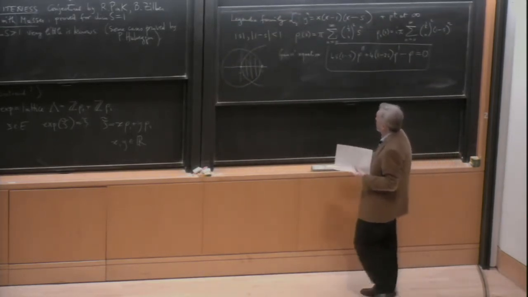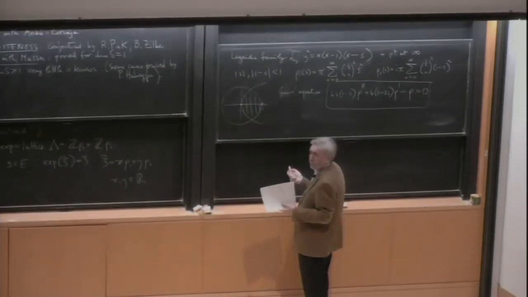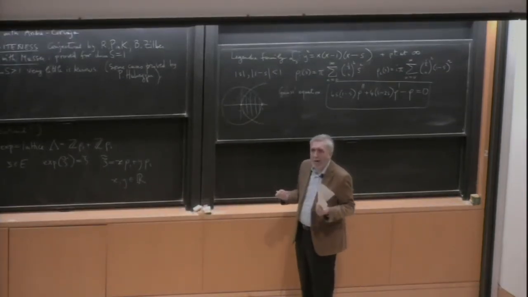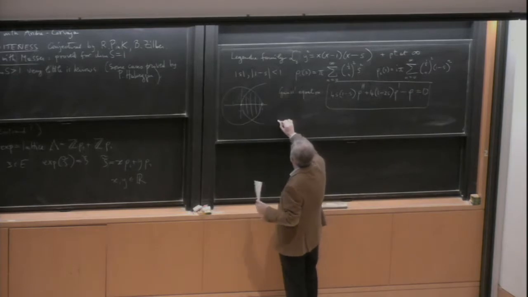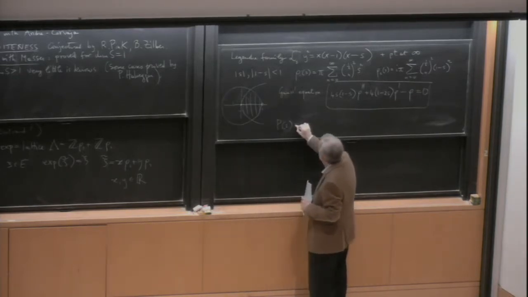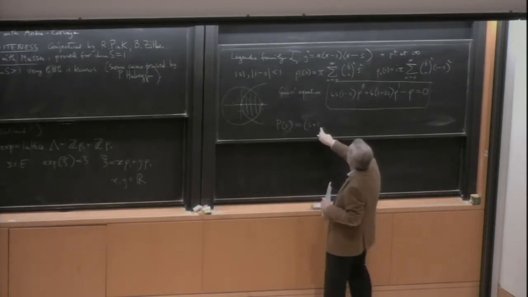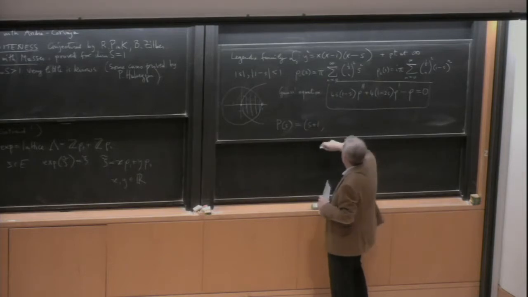And now, let us take our section, our point. Yesterday, I chose the point, for instance, P of S, defined by S plus 1. So in coordinates x, y, where S plus 1, and then here the square root.